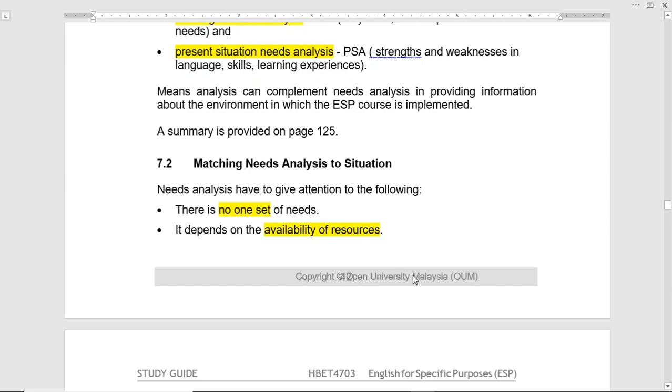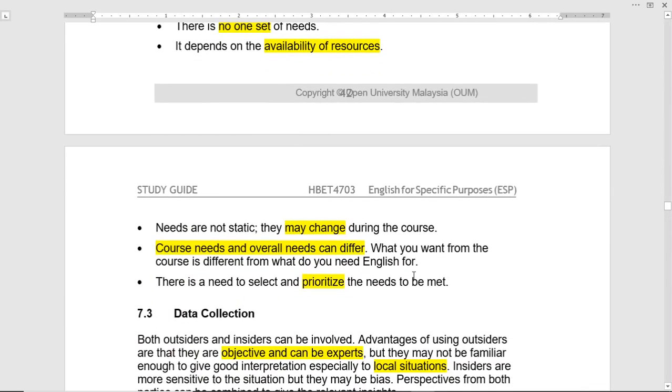There is no one set of needs. It depends on the availability of resources. The needs may change. The course needs and overall needs can differ. And there is a need to select and prioritize the needs to be met.